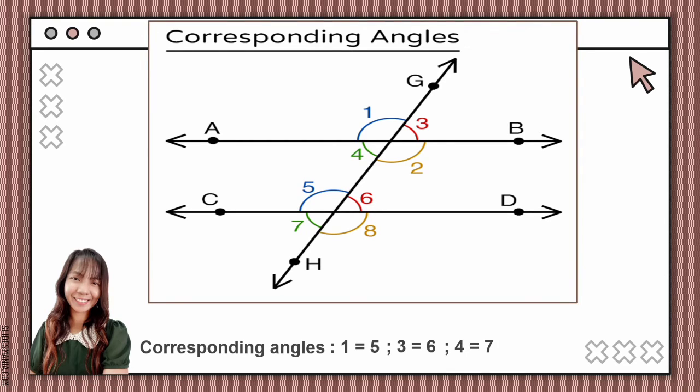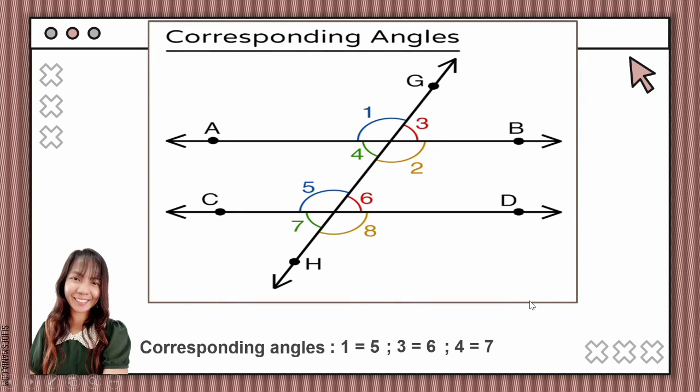The next pair of corresponding angles is angle 4, the green one, and angle 7. Again, they are equal in measure. Let's say this one is 100 degrees, and this one is also 100 degrees.